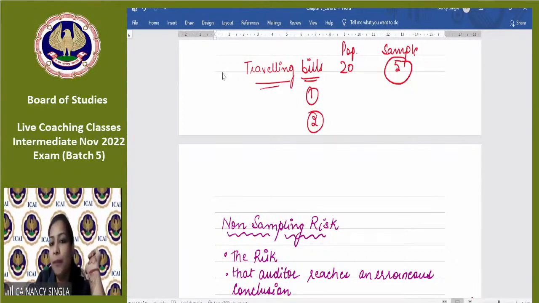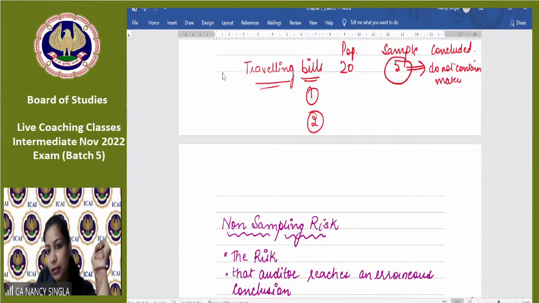First can be what? When he checked these 5 bills, he concluded that they do not contain material misstatement. ठीक है? They do not contain material misstatement. Though, in fact, what is the situation? That in the remaining 15, there is a material misstatement.